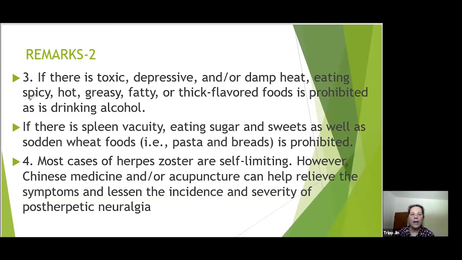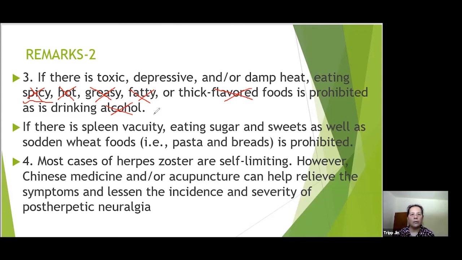Like spicy food: no spicy food, no hot food, no greasy food, no fatty food, no strong flavor kind of food, and no drinking alcohol. All of these can make the symptoms worse. I think that includes coffee. Yeah, coffee is hot and hard on the body.